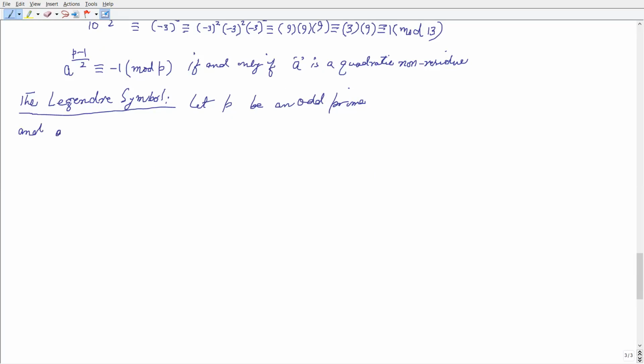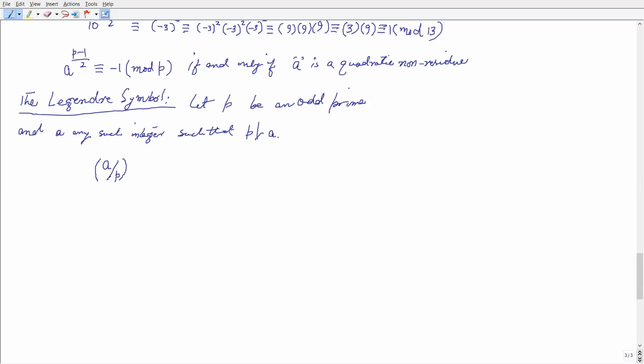Let A be any integer such that P does not divide A. Then the Legendre symbol is represented by A over P in parentheses.